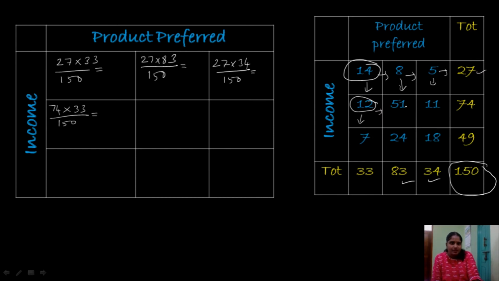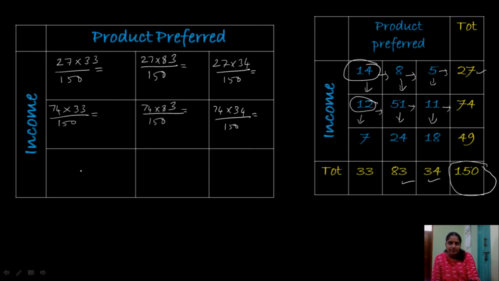Next, for 51, its corresponding row total is 74 multiplied with 83 and divide this by 150, you get the expected frequency for the observed frequency 51. And for 11, its corresponding row total is 74 and you multiply it with its column total 34 and divide this by 150, you get the expected frequencies.